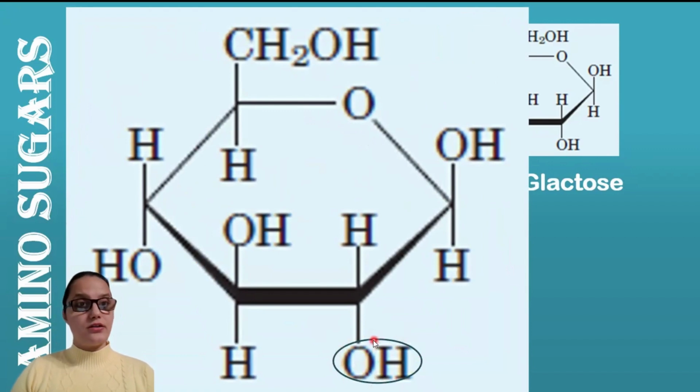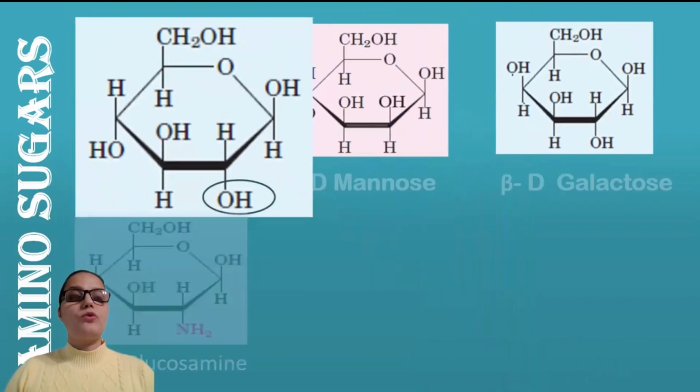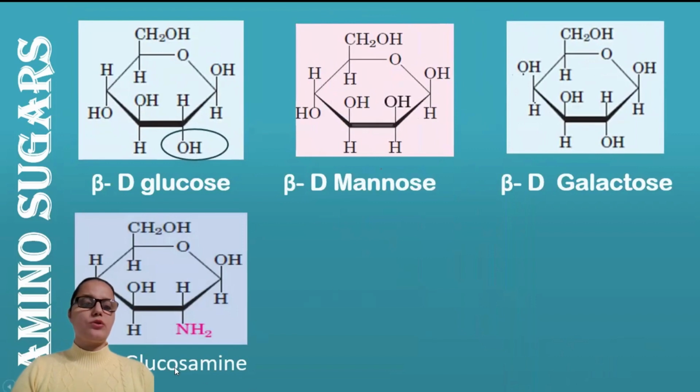When this hydroxyl group gets replaced by an amine group, then a very important molecule, which is called beta-D-glucosamine, is formed.